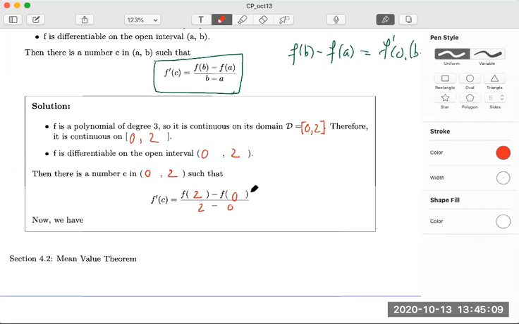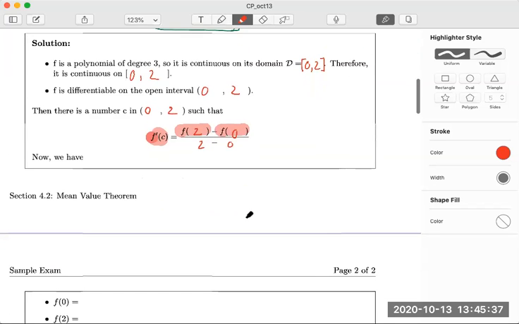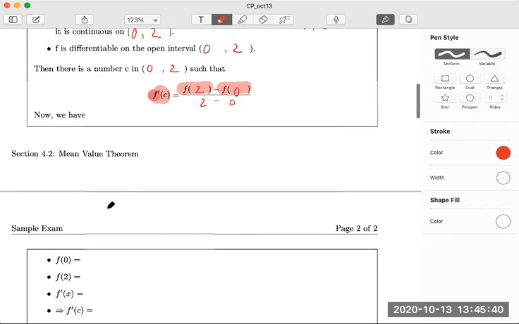Now, in order to find C, what do we need to know? Yes, the derivative of this function at the point C. What else? Yes, this guy and this guy, right? We need to evaluate the value of this. Okay, so the function is f of x is x cubed minus 3x.